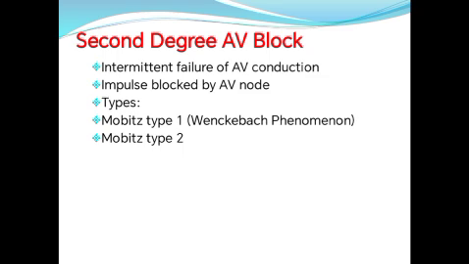What about second degree AV block? Here the duration of the PR interval will be normal. There will be intermittent failure of the AV conduction, and the impulse is blocked in the AV node. We have two types, Mobitz type 1 and Mobitz type 2.